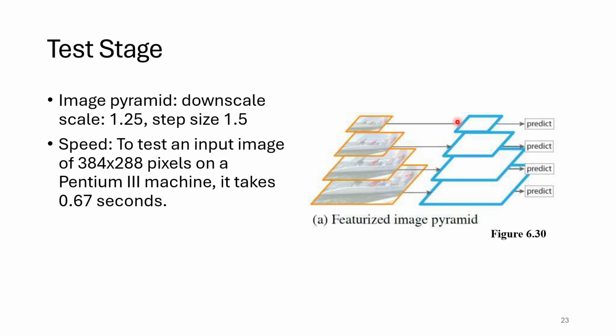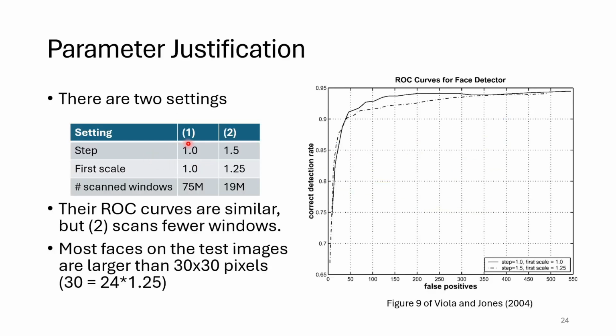So there are some parameters they need to tune. For example, from a larger resolution to a smaller resolution, what is the scaling factor? So it can be several settings.